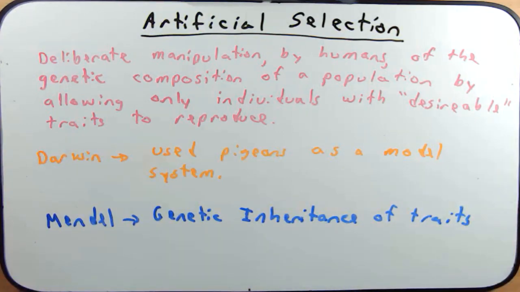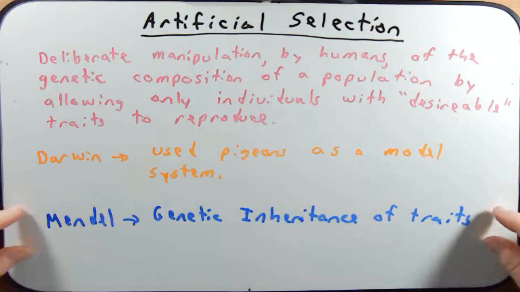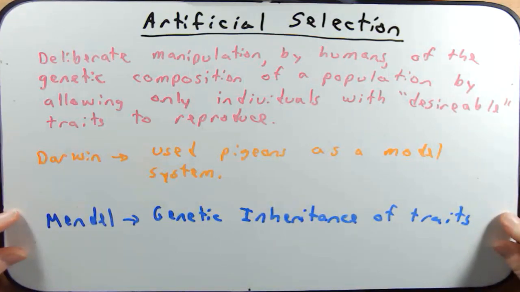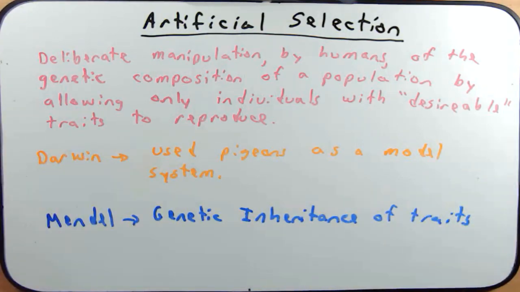Now, even though they were both making their marks in history at about the same time, there's really no evidence at all that they ever corresponded with each other or ever read each other's works. But one could imagine that if they did actually meet and share their works with each other, there would have been a lot of synergism between their findings. Mendel would have provided a genetic explanation to what we see in Darwin's predictions. But sadly, they never interacted with each other.